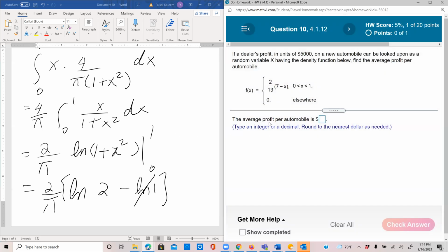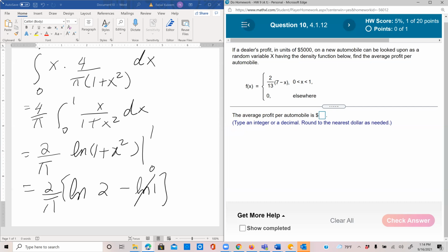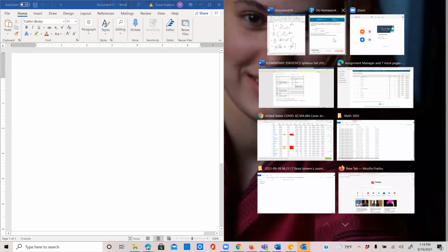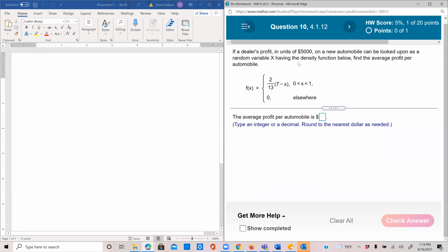So we want to find the average profit, and average we know is the expected value. F of x is the probability function. A dealer's profit in units of $5,000 on a new automobile can be looked upon as a random variable x.